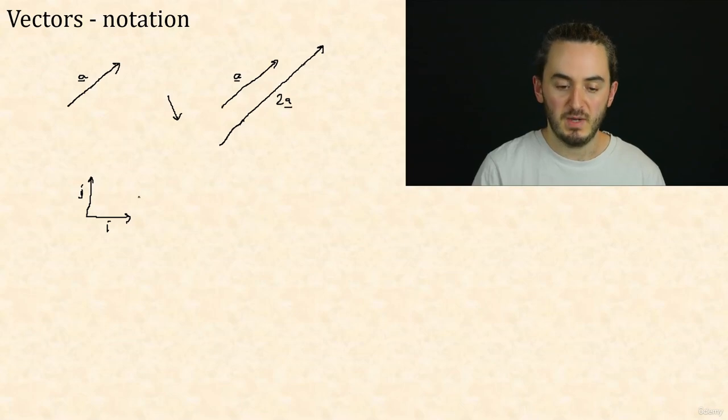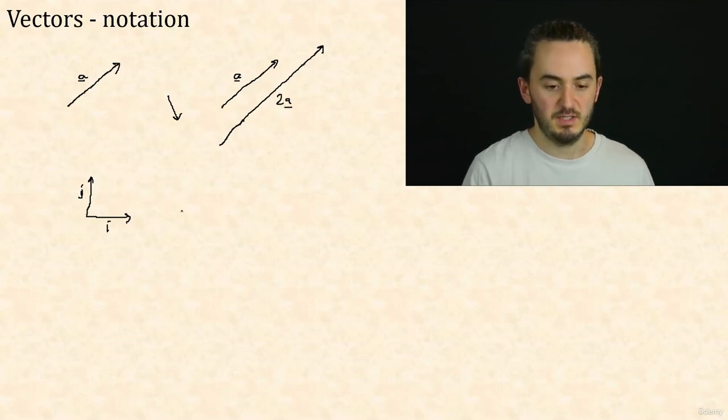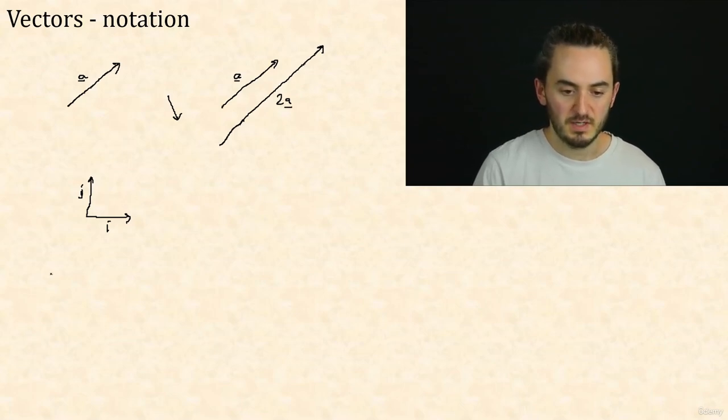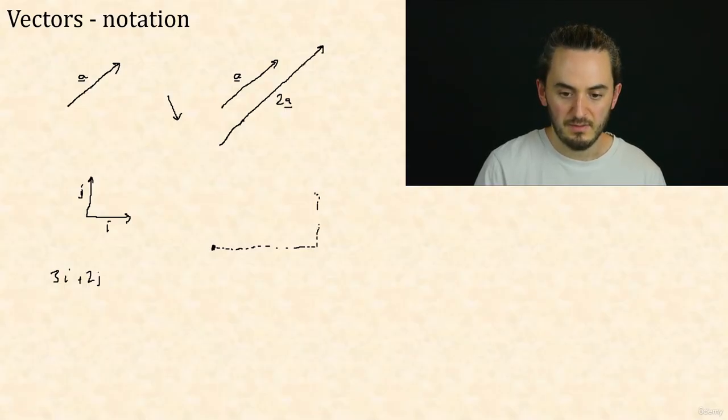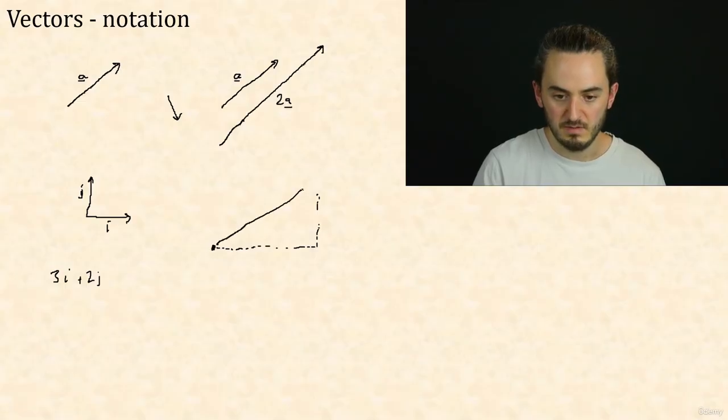You'll do that often by adding a certain amount of i plus a certain amount of j. So if you see something like 3i plus 2j, that means from any given starting point, go along 3 units of i, so 1, 2, 3, and then go up 2 units of j, 1, 2, and the vector is therefore that.